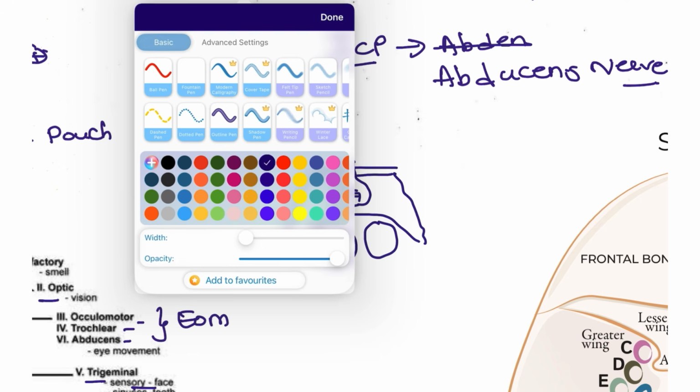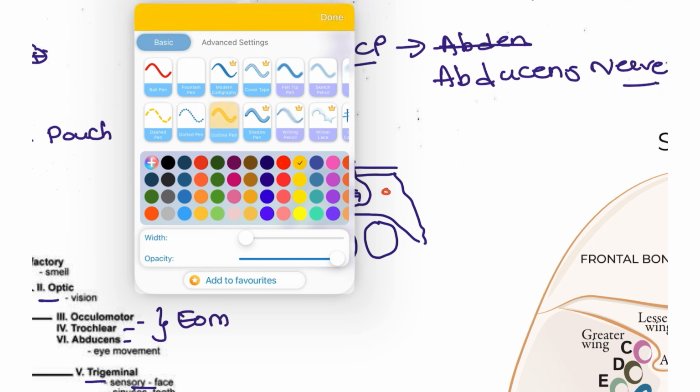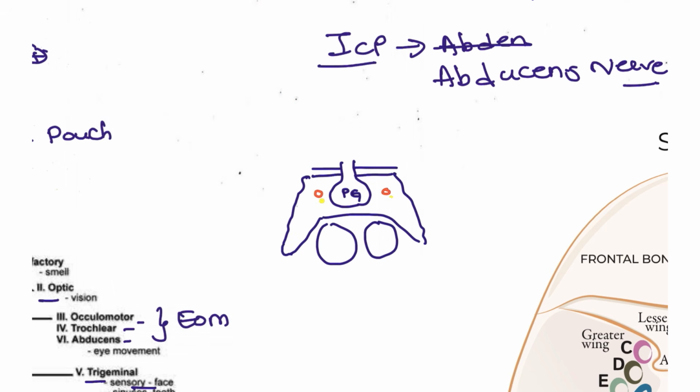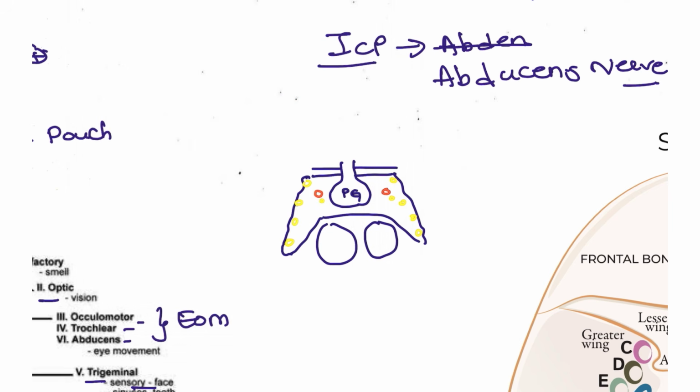There is an important artery passing in between these two, and along with that there are nerves nearby, and on the lateral side there are four important nerves. So by this time I hope you guys already understand what this structure is. This is the cavernous sinus.